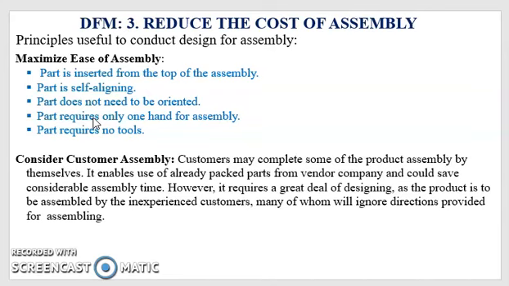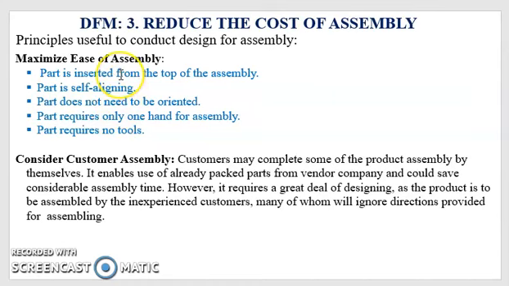The next criterion is that the part requires only one hand for assembly. These characteristics relate to the size of the part and the effort required to manipulate it. Most of the time, parts requiring one hand for assembly require less time than parts requiring two hands.